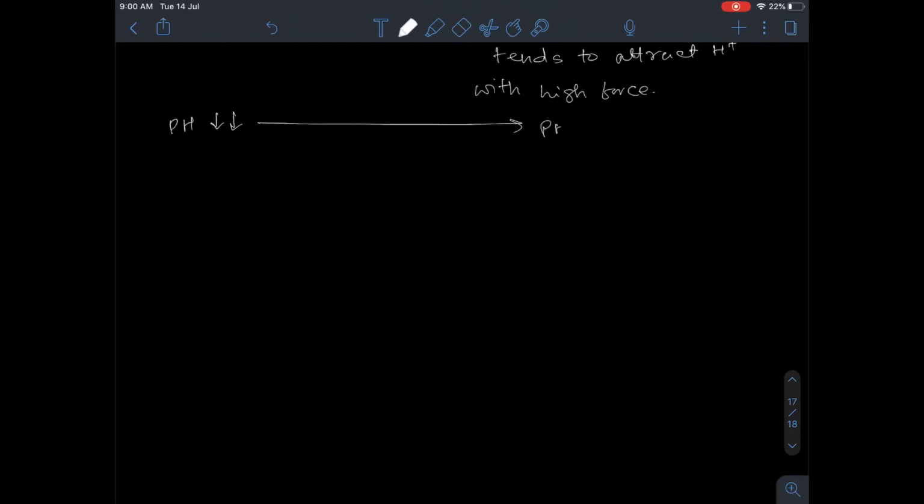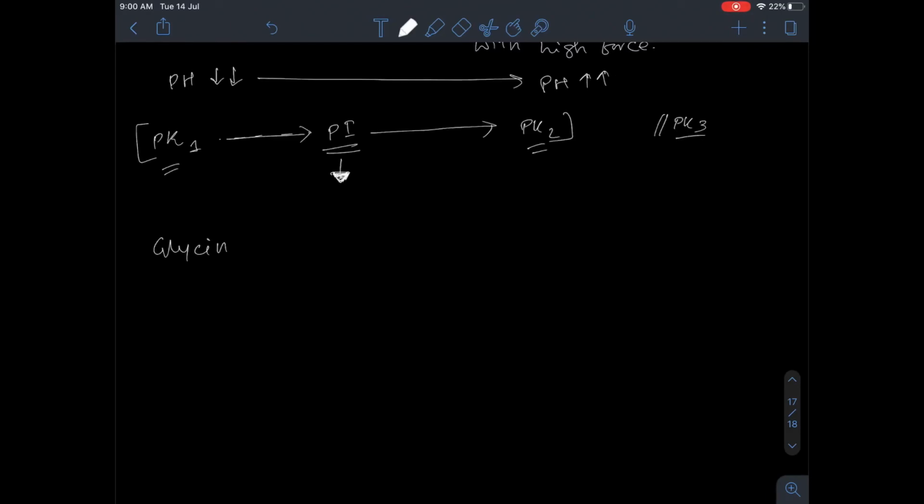Now if we draw pH from low to high, we have pK1, then pI, and then pK2. Sometimes the question comes to calculate the pI. They give the pK1 value, pK2 value, and sometimes the pK3 value, and then ask us to calculate pI. We'll discuss three kinds of amino acid. One is glycine, where R is an H group.